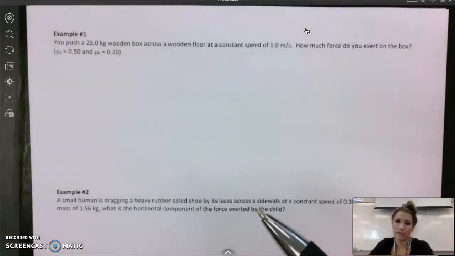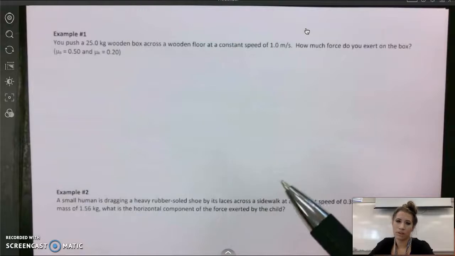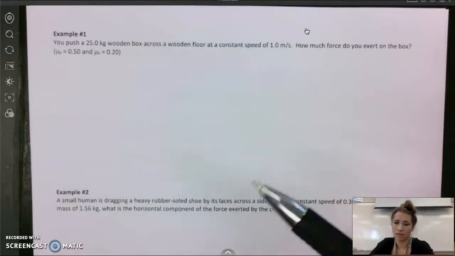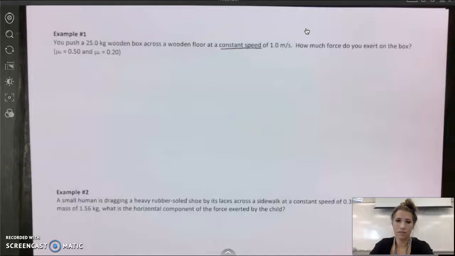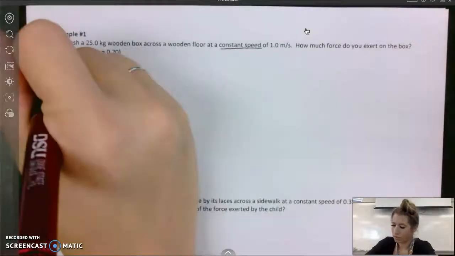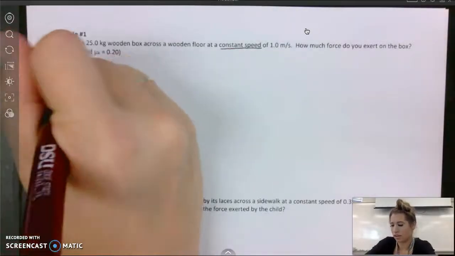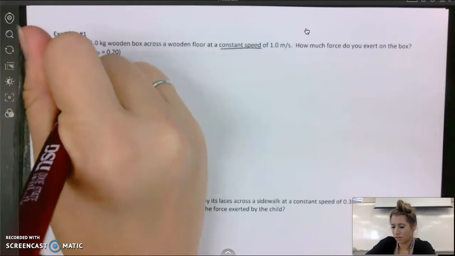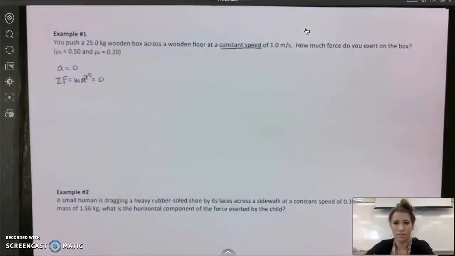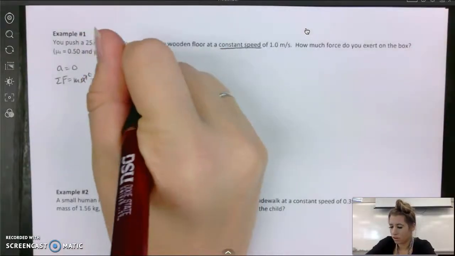Now we are pushing this wooden block across the floor at a constant speed, so that jumps out to me. Constant speed means our acceleration is 0, so the sum of the forces is also going to equal 0.